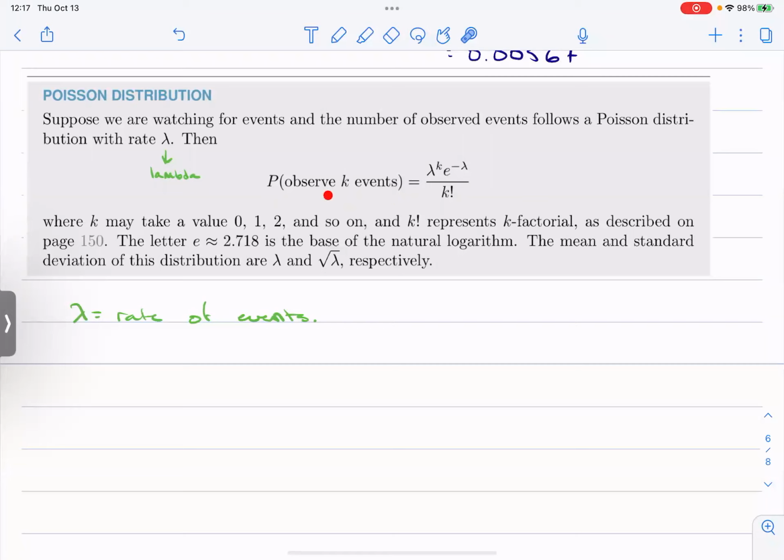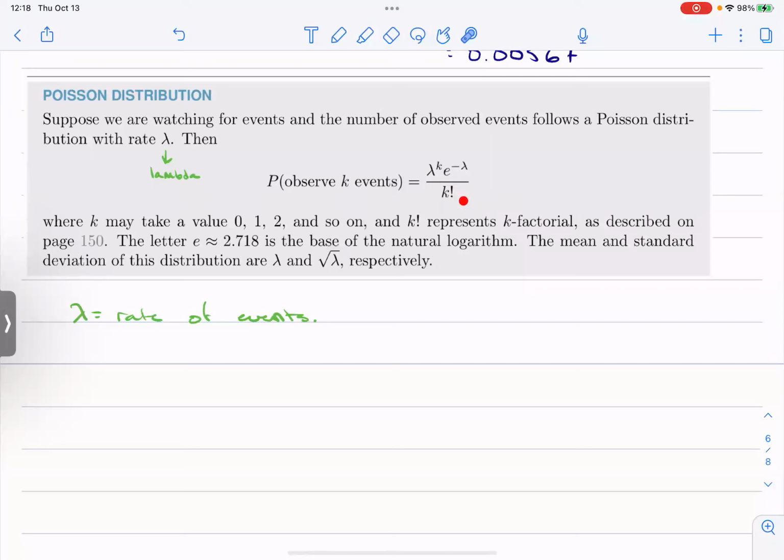Then we can use the Poisson distribution to find the probability that I observe k events. So if I see customers in my store at a rate of 4 per hour, what's the probability that I see 10 customers? I would have 4 to the power of 10 times e to the negative 4 divided by k factorial.